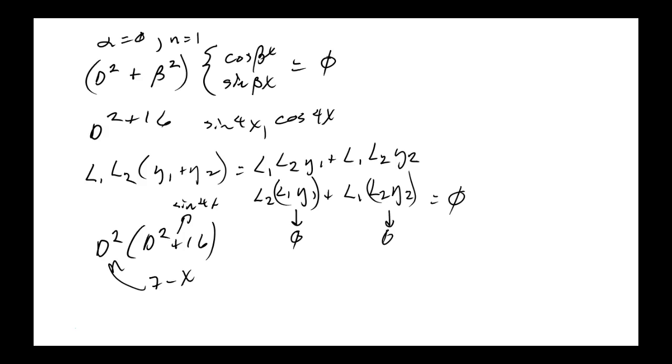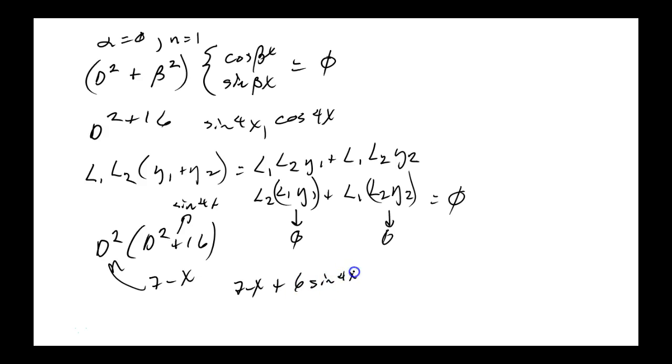Therefore the product of those two would annihilate the linear combination of that. It doesn't matter what you put, 7 minus x or any power of 7 minus x, plus any constant, 6 times the sine of 4x.